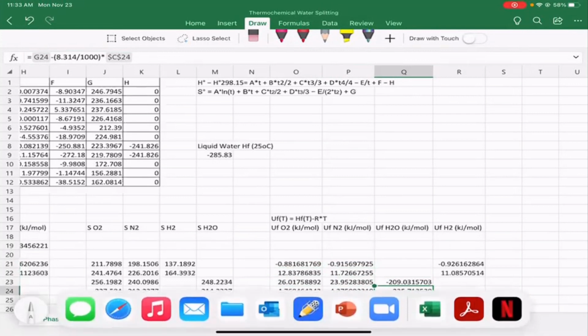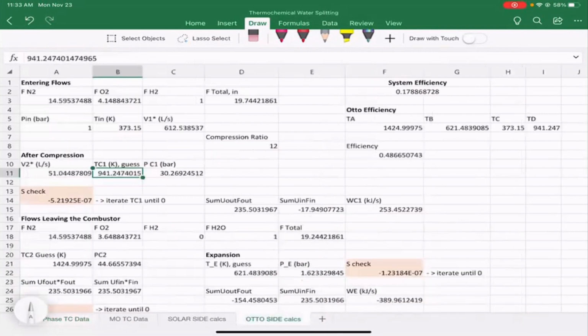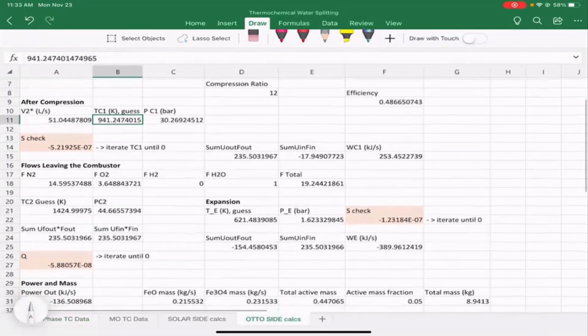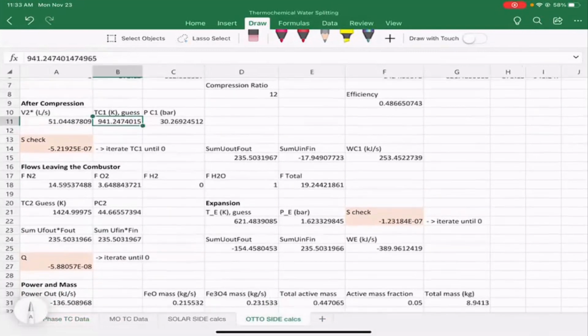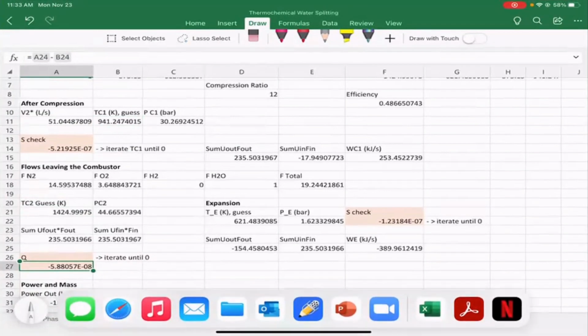And in this case, you're just changing the temperature until Q is equal to 0, because there's no heat being added to the process. There's no work being done. And so that's our check that we're actually correct.